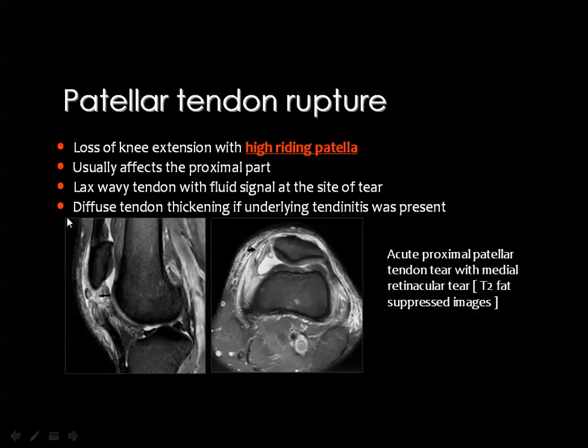Here you can see in this example that the lateral retinaculum is intact, identified by the long articular surface of the patella. The short articular surface of the patella is towards the medial side of the knee, and you cannot identify the medial patellar retinaculum. Its site is replaced by fluid signal, denoting its rupture.